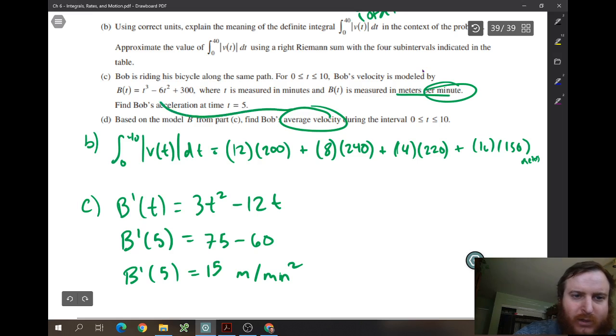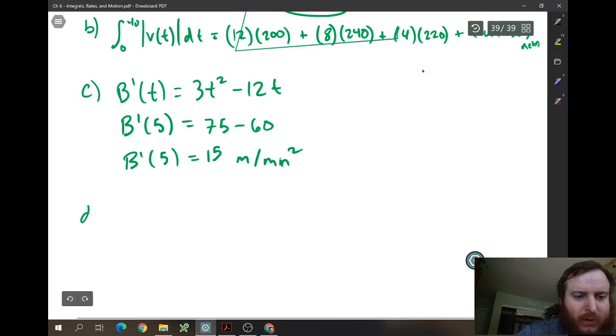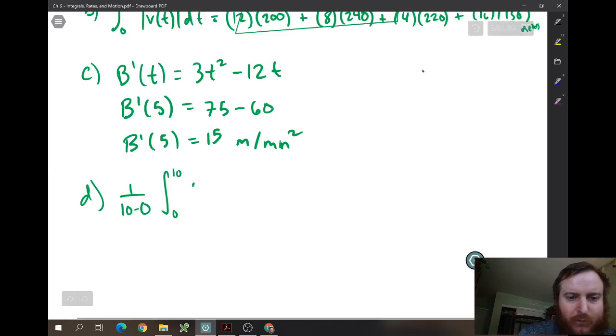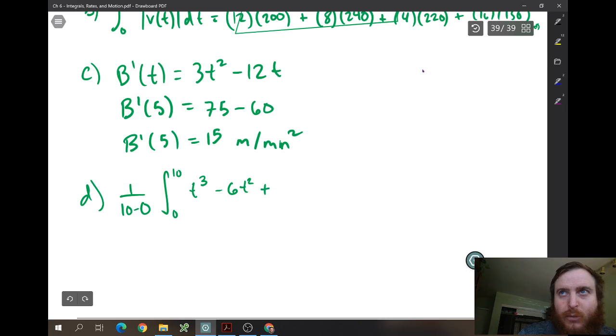So for average velocity, we go to his velocity formula. Bob's average velocity would be 1 over 10 minus 0, since it's from 0 to 10, times the integral from 0 to 10 of that formula, t cubed minus 6t squared plus 300 dt.